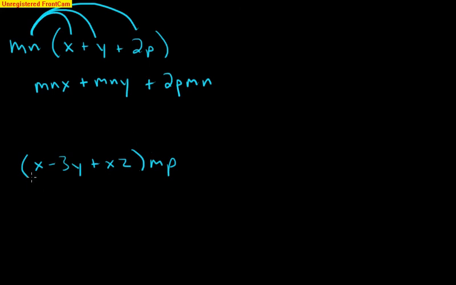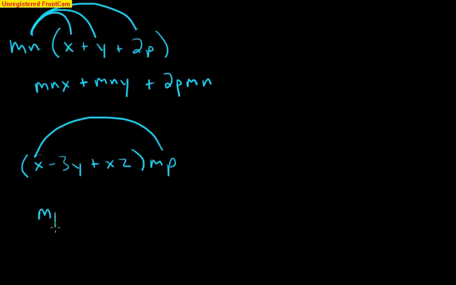Here we have the quantity x minus 3y plus xz times mp. I'd probably take this mp and rewrite it and put it over here, just because I like having the value that I'm distributing through on the left side, but it doesn't matter because this is multiplication and multiplication is commutative. We can leave it over here and work backwards, but I am going to go all the way over to the first term first here. I'm going to go all the way over to x.